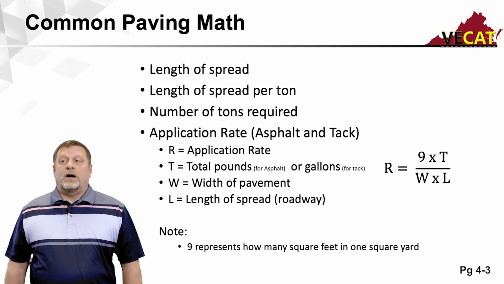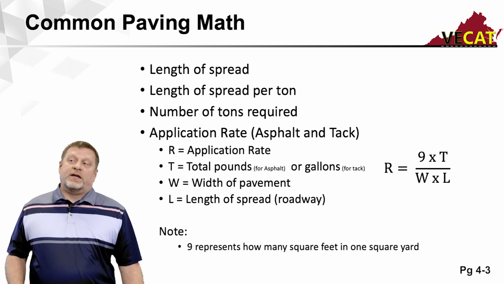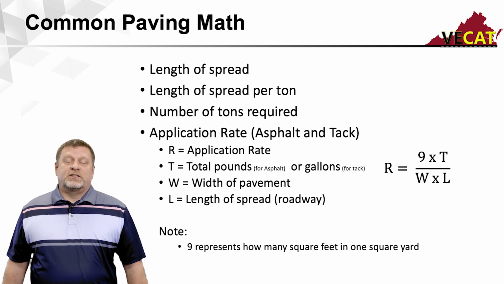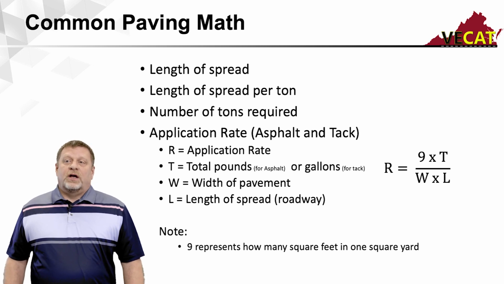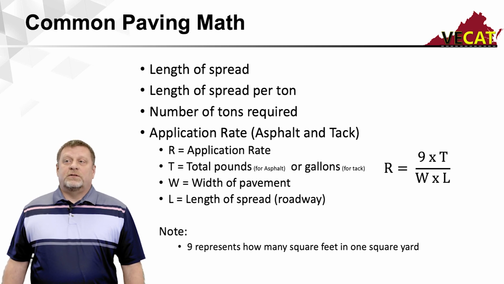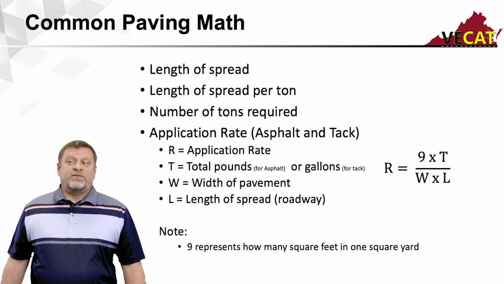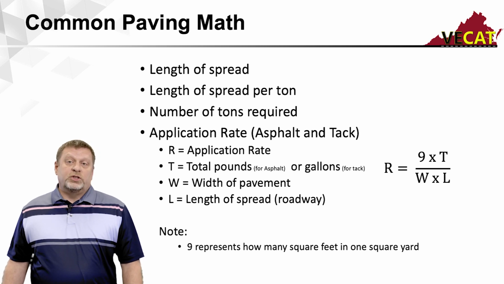Here's one, application rate. So we're trying to calculate the application rate. Notice how this formula on the right is changing very subtly, and you need to pay attention to these variables, how they change, the way they're oriented in these formulas. But for this particular one, we can be calculating an application rate for a couple different things. If we're calculating it for asphalt, T in this case would be actually the pounds of asphalt that was used.